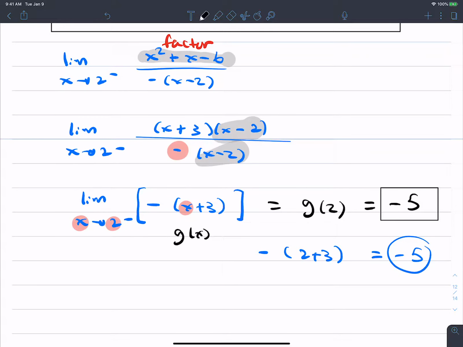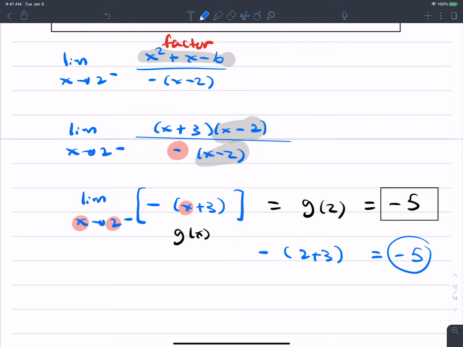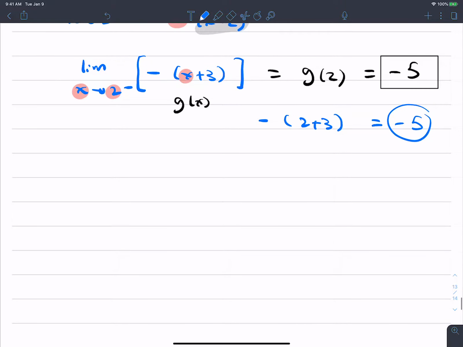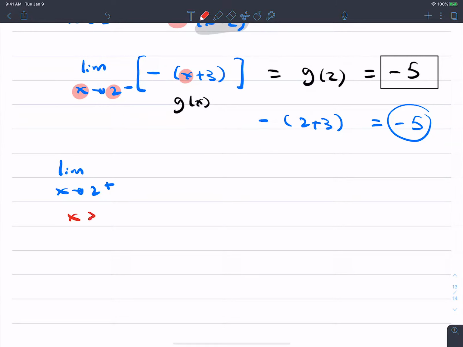Remember, to answer the approach of 2, irregardless of direction, we also need the right-handed limit. So you say, well, how do I get the right-handed limit now? Well, let's see. Limit as x goes to 2 now from the right, which means, again, the values of x are greater than 2, right? Larger than 2.